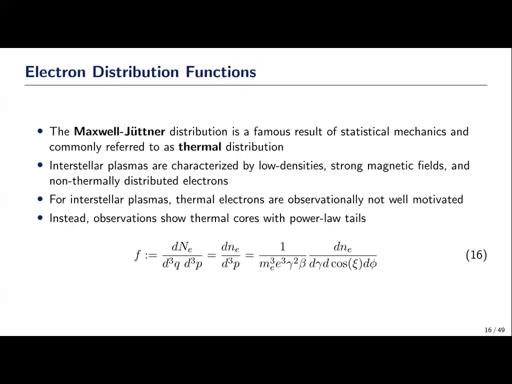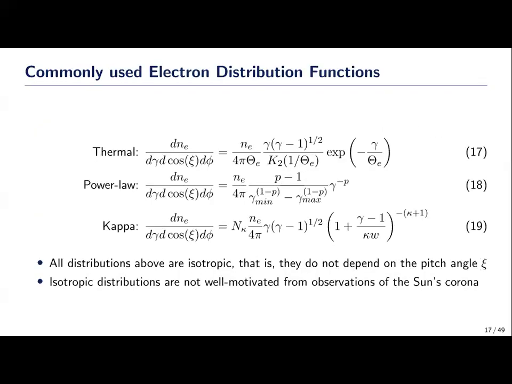So we know from observations that electron distribution functions in interstellar media, due to their low densities and their strong magnetic fields, are not thermal. And in order to motivate this, I want to briefly mention, you all remember from your statistical physics lecture the famous result of the relativistic electron gas, the Maxwell-Jüttner distribution.